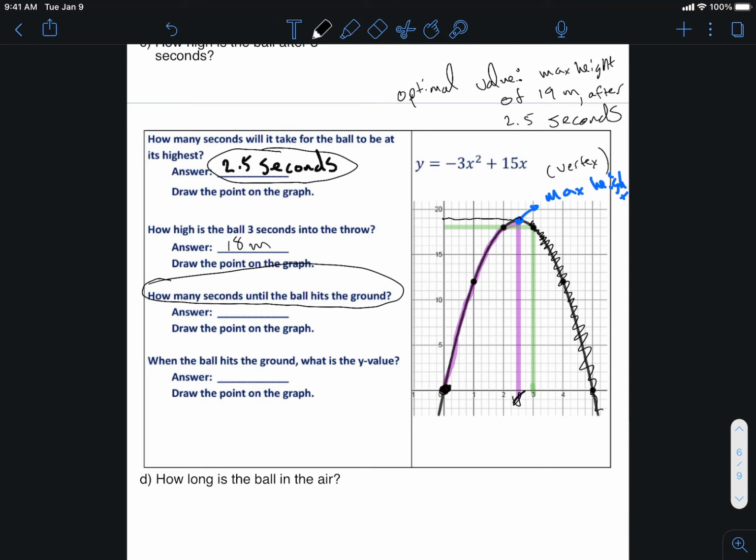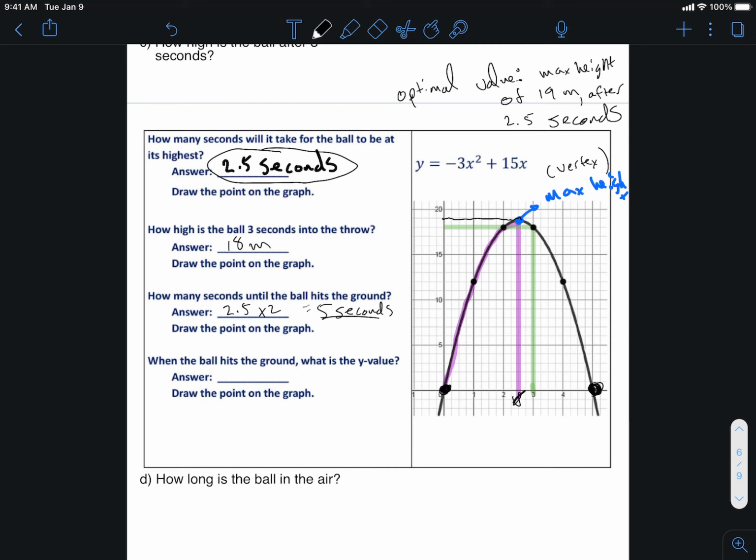So you could say, okay, it would be 2.5 times 2, which would equal 5 seconds. Does this make sense? Yeah, it does, because it's right here at 5 seconds. That's when it hits the ground again, 5 seconds later.